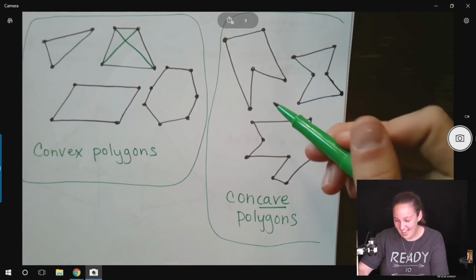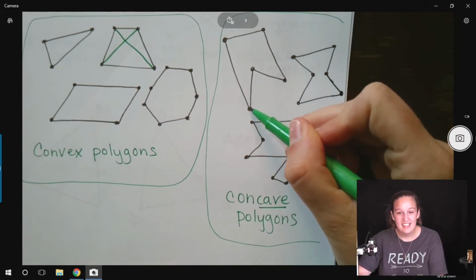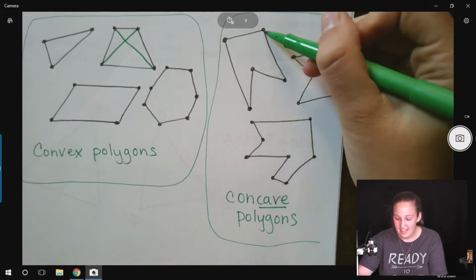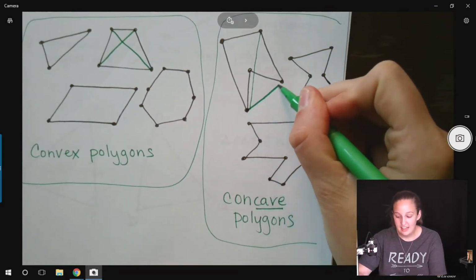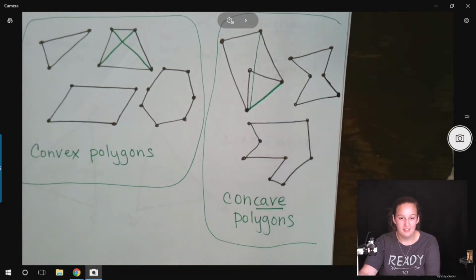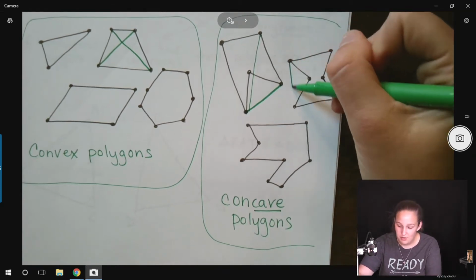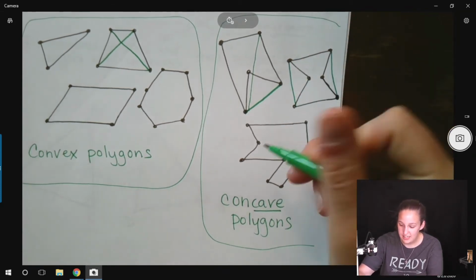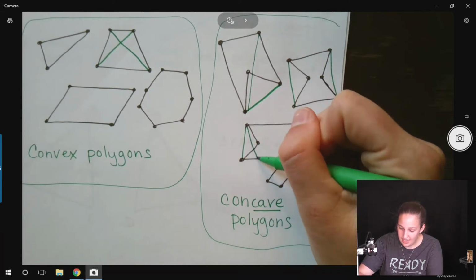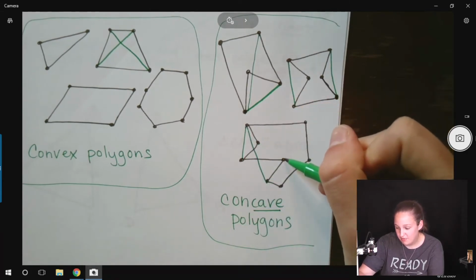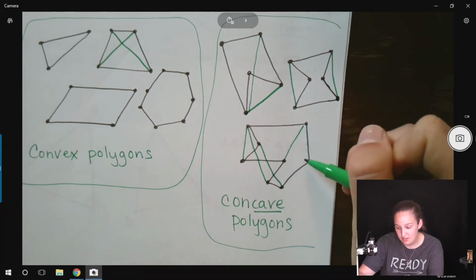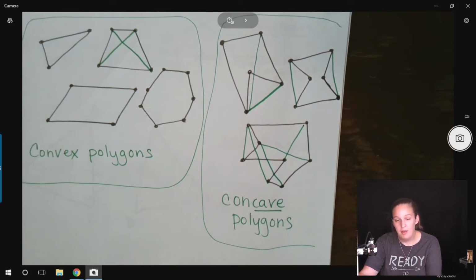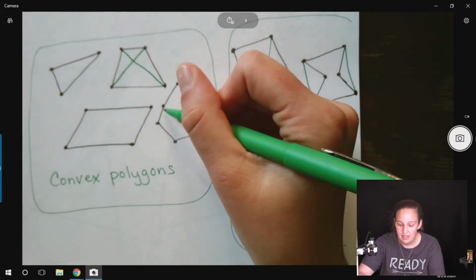So what happens here is this and this are consecutive or non-consecutive vertices? This and this are also non-consecutive vertices. If you're drawing these non-consecutive vertices, you have so many that just go outside of this area. I mean, you have some that are still inside, but you have all these different types over here.